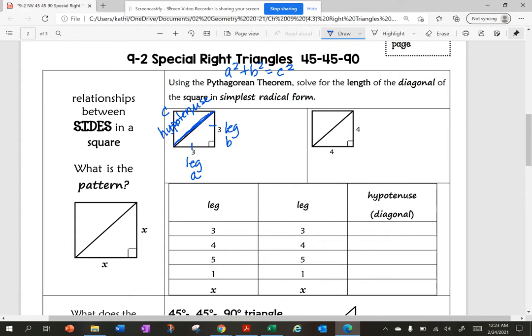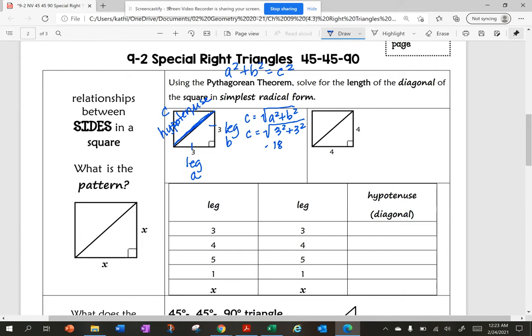So if I solve for c, I know c is the square root of a squared plus b squared. So substituting in a and b, I know that c is the square root of 3 squared plus 3 squared, which is 9 plus 9, which is 18.